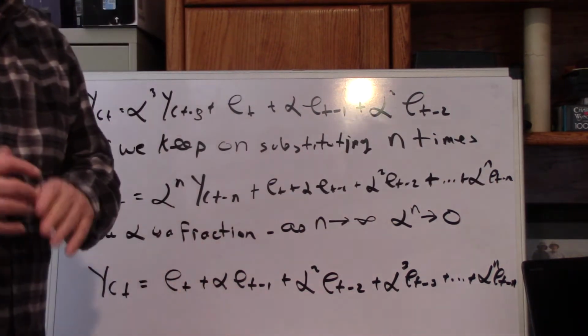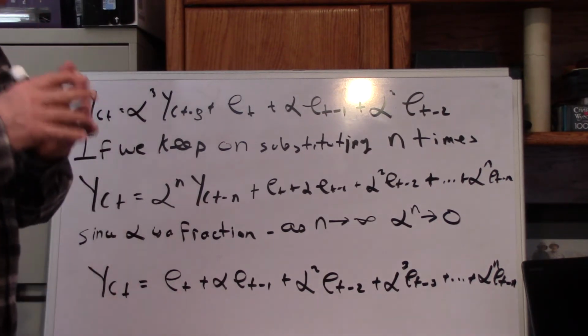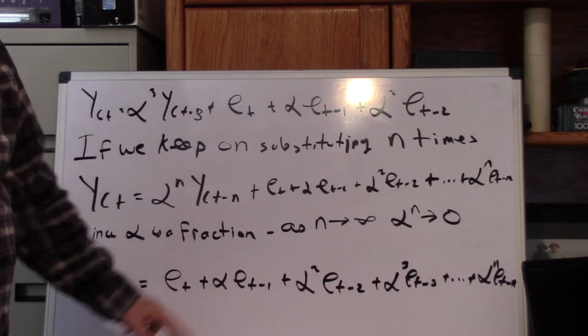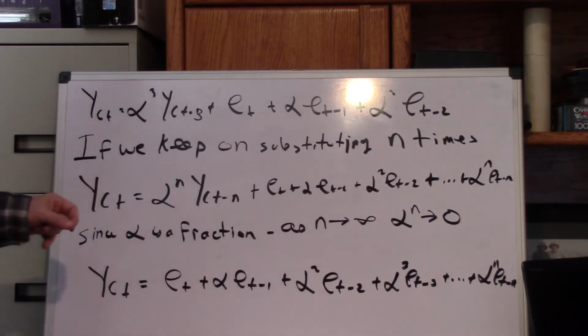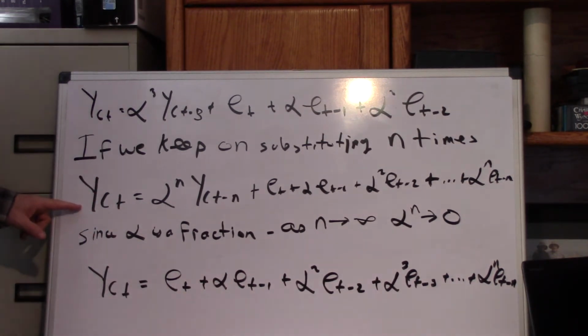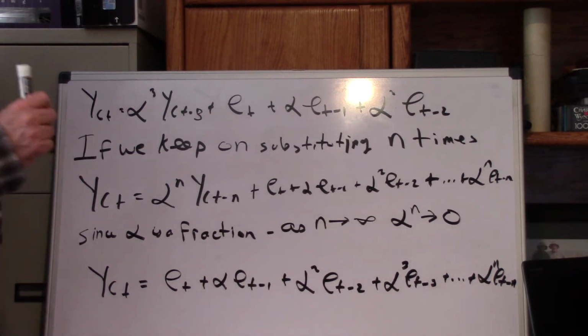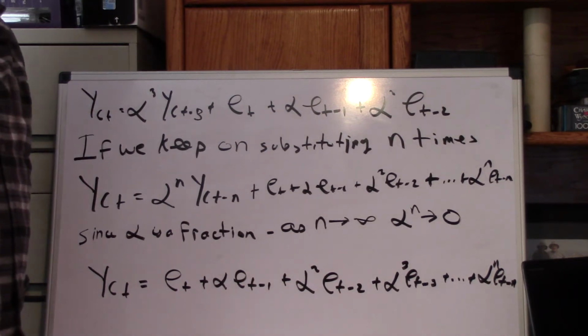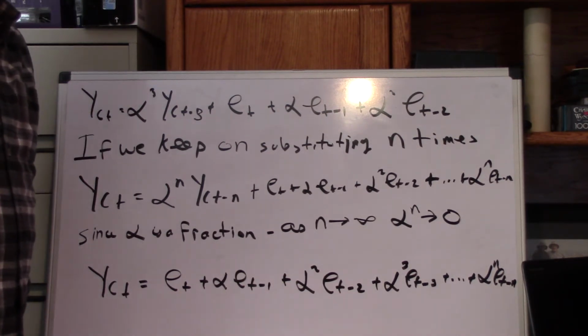Again, all I want you to do at this point is understand mechanically what we've done, and we're going to come up with the intuition from this last equation. So, here's where we are if we've substituted n times. Now, since alpha is a fraction, 0.5, 0.6, if you raise a fraction to a higher and higher power, it gets smaller and smaller. Like if you have 0.5 and you raise it to the second power, it's 0.25.